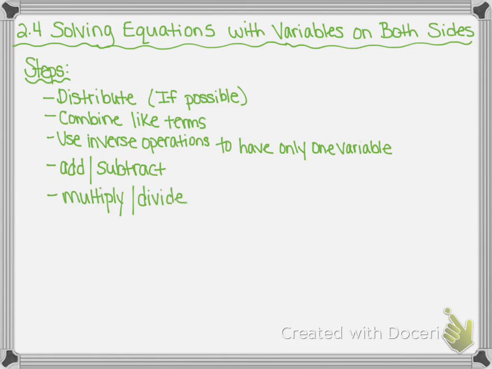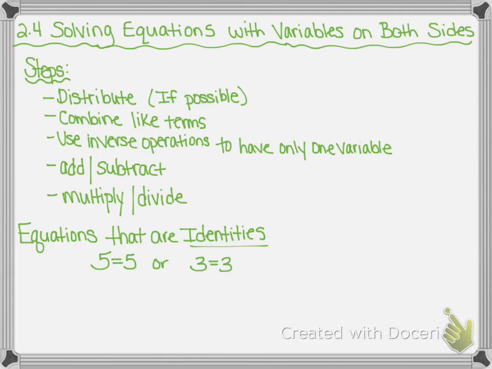In this section, we are going to run into some special equations. We can have equations that are identities. Equations that are identities are when you solve and get the left-hand side equal to the right-hand side. So two examples, you could solve and get 5 equals 5 or 3 equals 3. When you have identities, that means any number you put in for the variable is going to work.